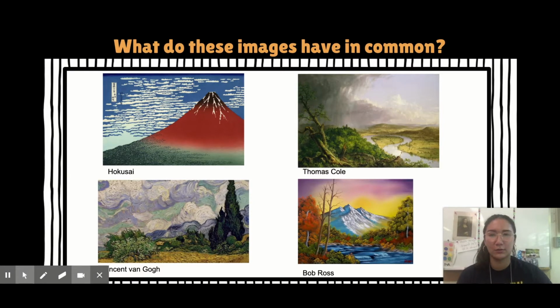So, just look for a minute, and I want you to see if you can figure out what these images have in common. So, what is something that all four of those pictures have in common? Take a good look and see if you can pick out a similarity between all of them.